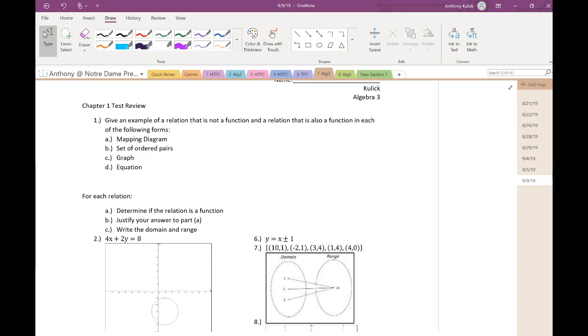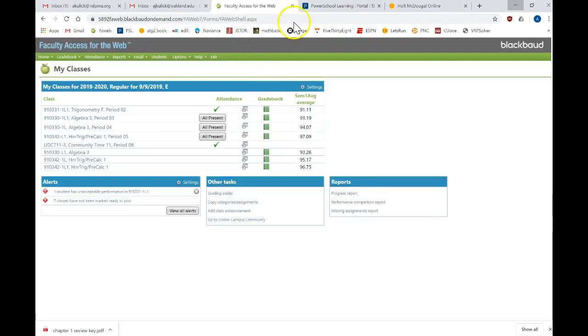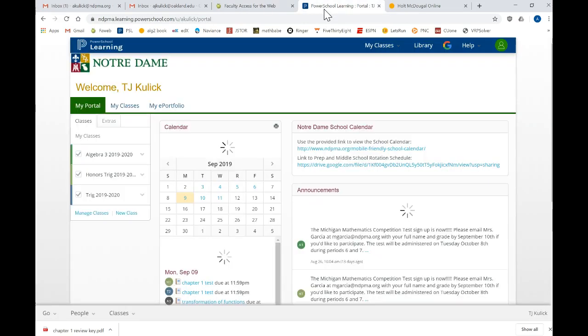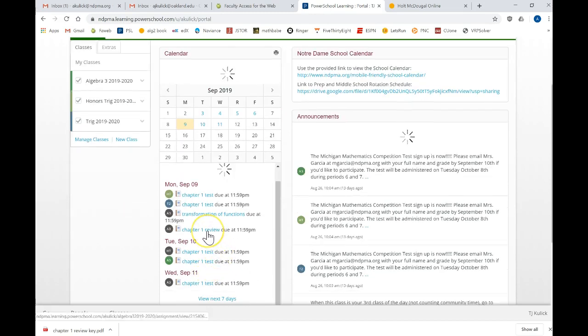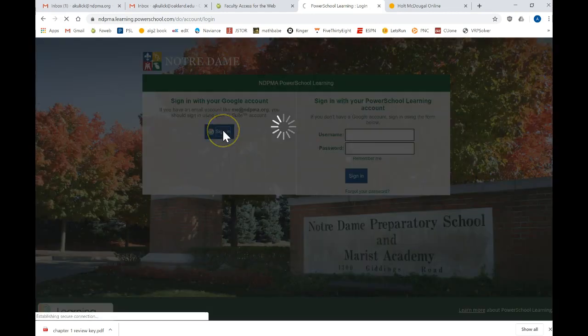I want to point out one thing before we get started here. If we go to our PowerSchool page, and we look at the review on the calendar, and we click on that assignment, and we have to log back in because apparently PowerSchool timed me out while I was at lunch.